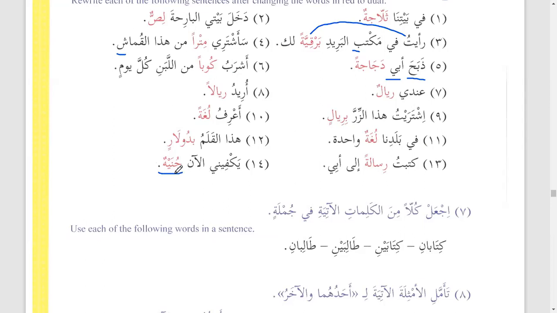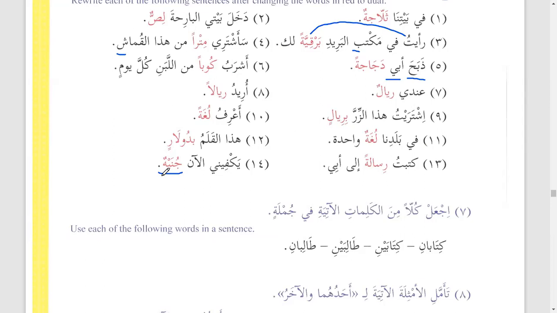And Junaihun is 1 pound and Junaihani is 2 pounds. So yakfini alana Junaihani, 2 pounds are enough for me as of now. So if it's so difficult, I don't want to, 1 is enough. If we have to change it into Junaihani and go through all that process, isn't it?